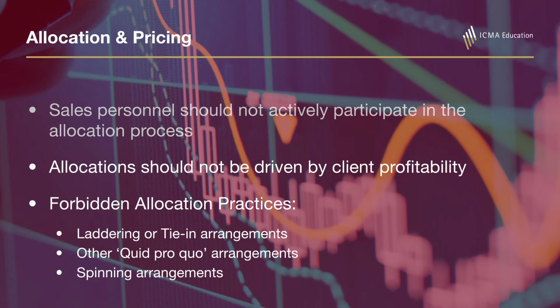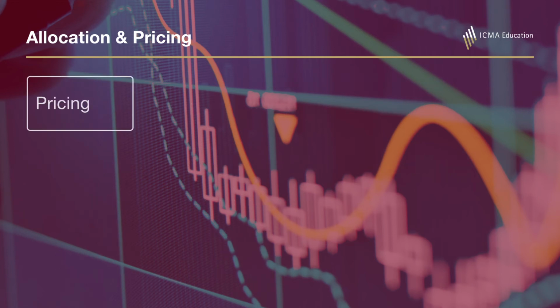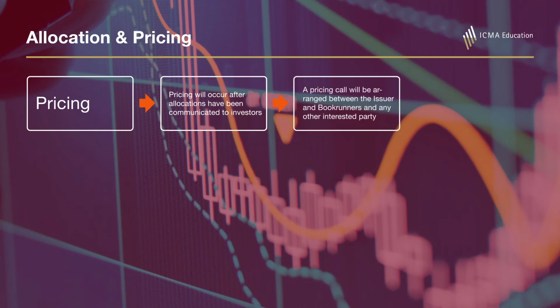So if we look then at the pricing, it will occur after allocations have been communicated to investors. The pricing call will be arranged between the issuers and the book runners and any other interested parties. And this could include a guarantor, if there's a guarantor on the transaction.